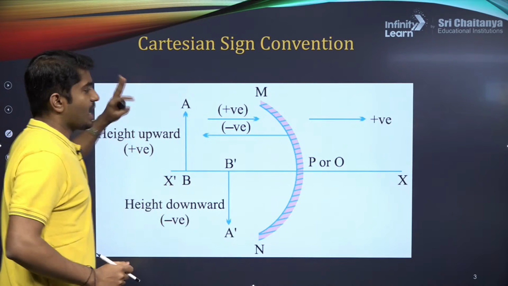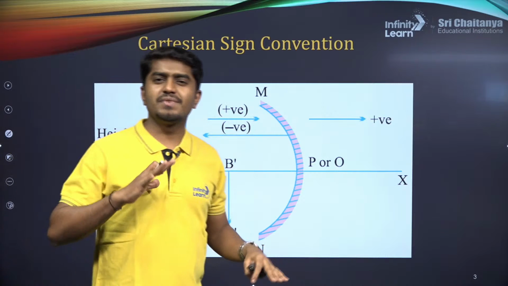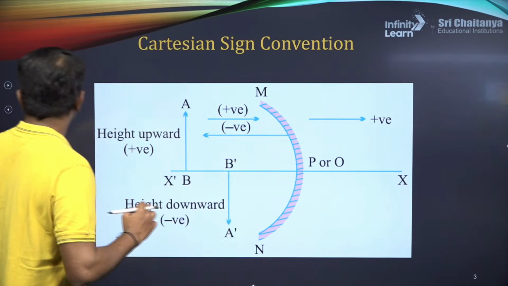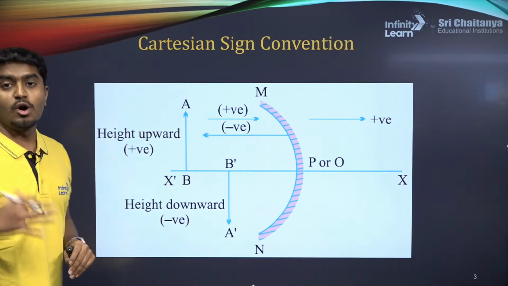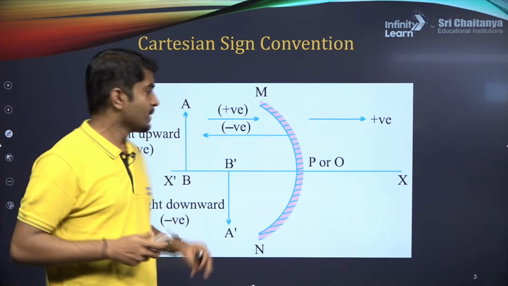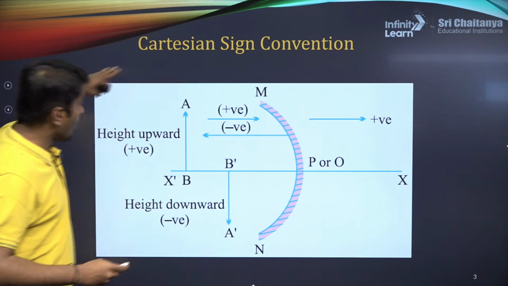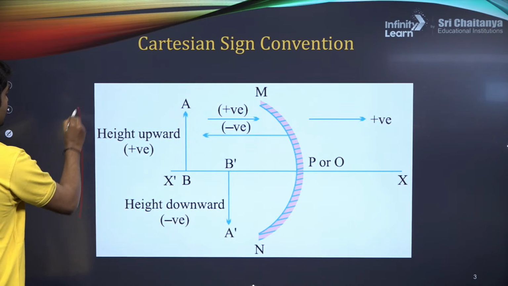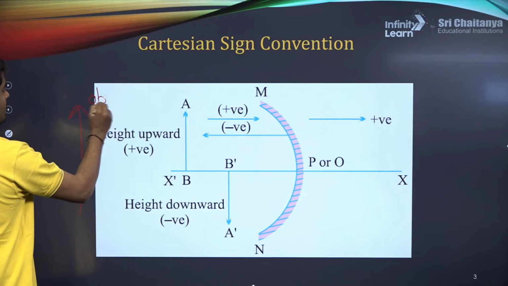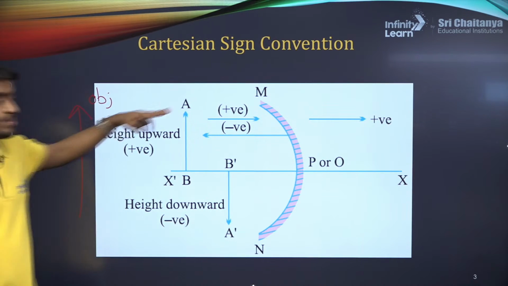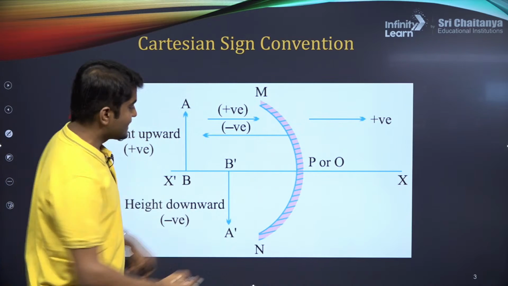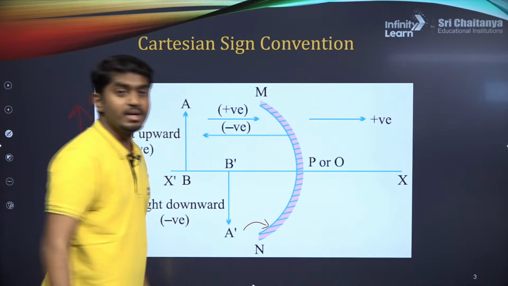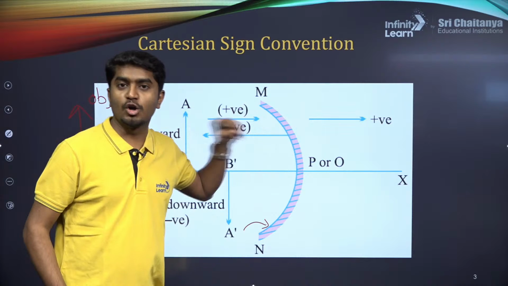Alright, so now the sign convention, it is very simple, very easy. I'll tell you the basic rules. First rule, the object should always be on the left of the mirror. This is the reflecting surface of the mirror, it can be concave or convex.